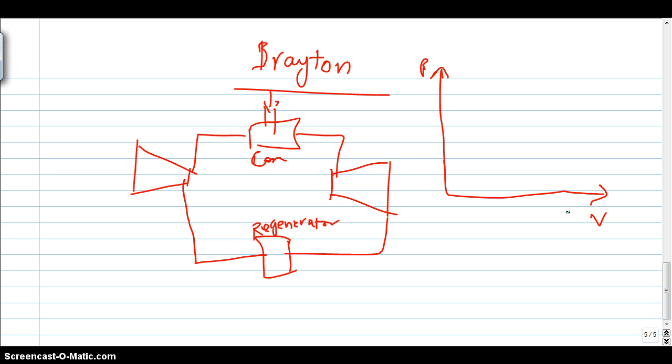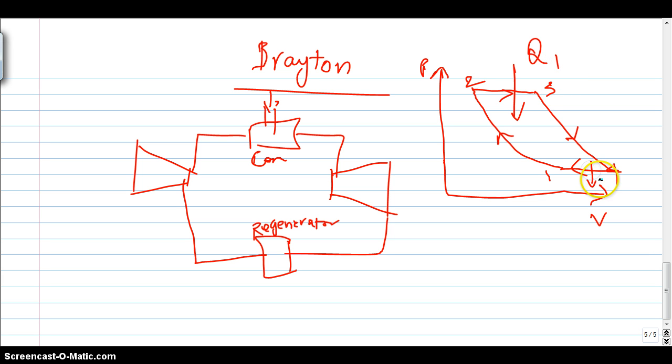How the Brayton cycle looks on a PV diagram is pretty interesting. As in the Otto cycle, you have an isentropic process, followed by a constant pressure process, followed by an isentropic process, followed by constant pressure. Q1 is at constant pressure, and so is Q2.